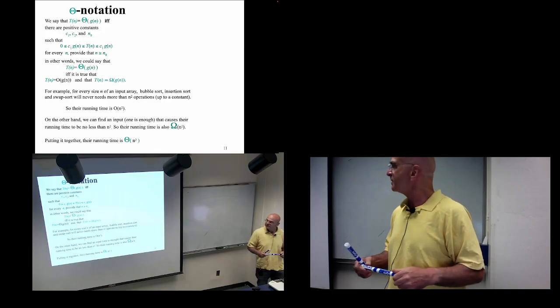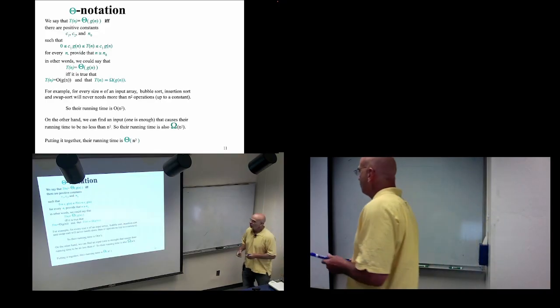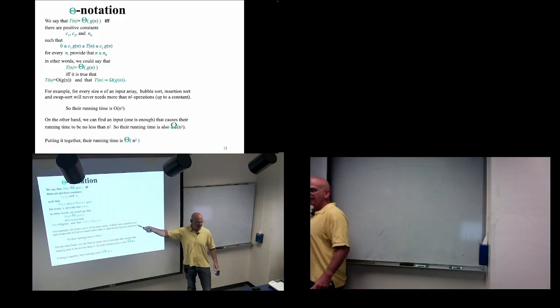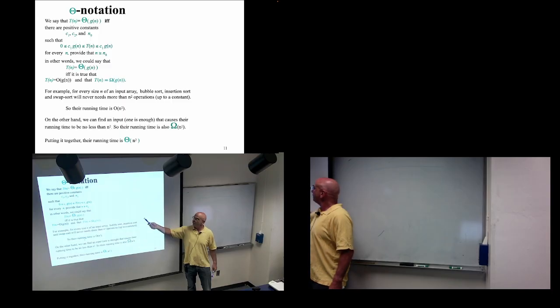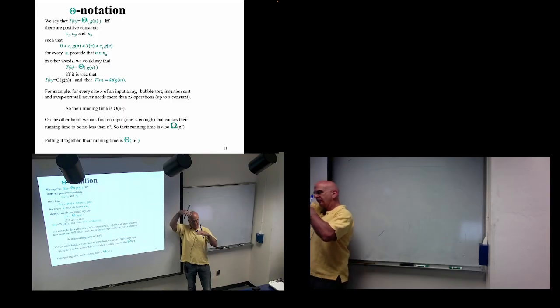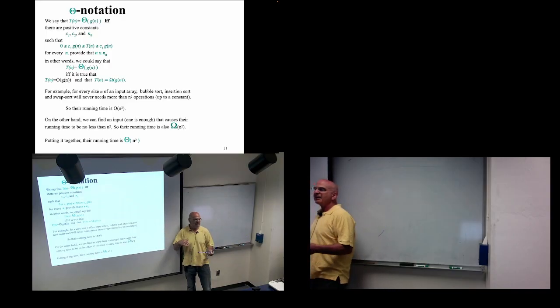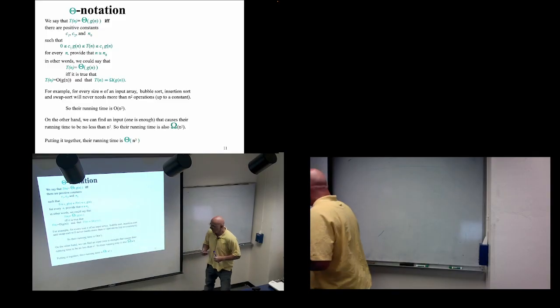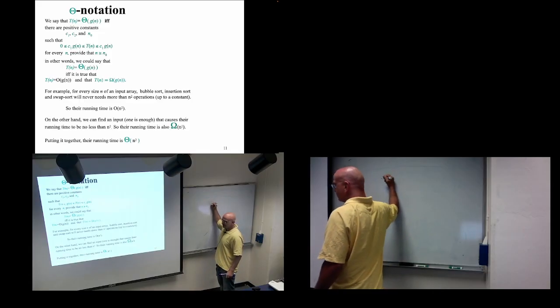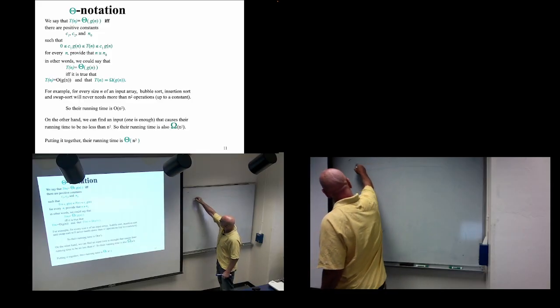Plenty of examples are coming about when do we say that something is big omega, and when do we say that something is big O, bounding from above, much more common. Our algorithm is not too slow. Big omega, bounding from below: our algorithm is at least as slow as, for example, in sorting, n log n.